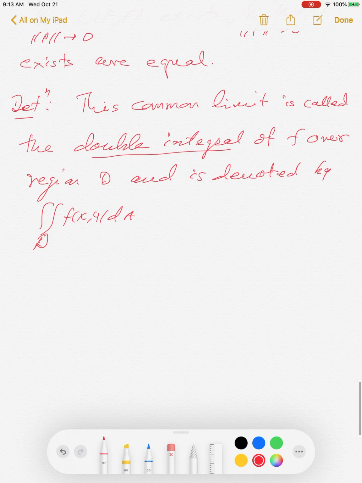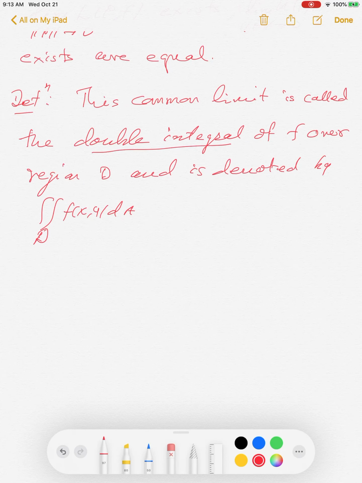A stands for area, because you are now measuring the area of each little rectangle; in one dimension you are measuring the length x_{i+1} minus x_i.